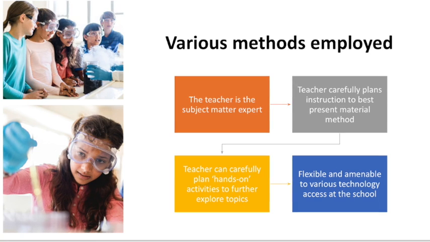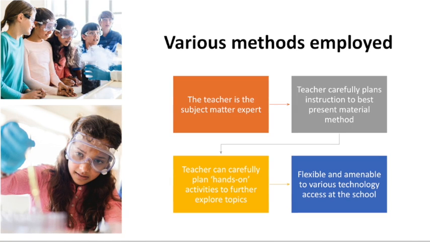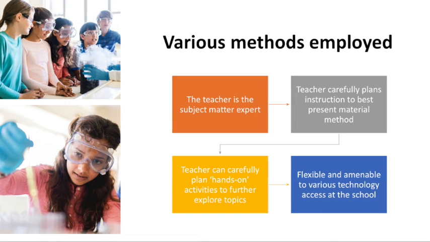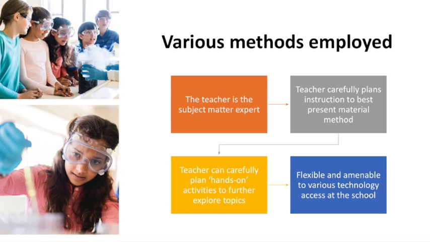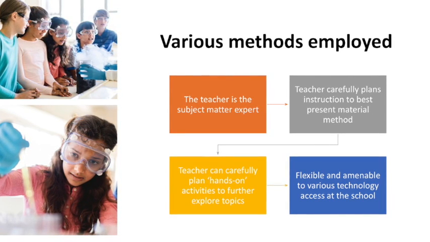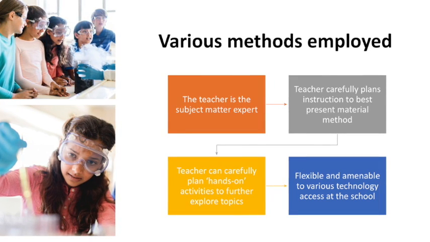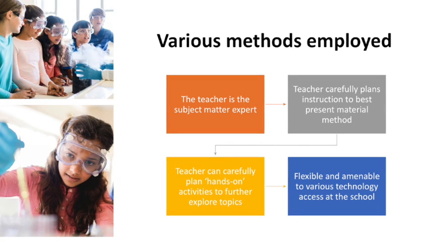Then teachers can use technology within the classroom and outside the classroom to help the learners prepare for whatever the topic is. In certain situations, for example, a flipped classroom, which is a way to provide information to the students ahead of time, they're able to come into class prepared for the topic at hand.